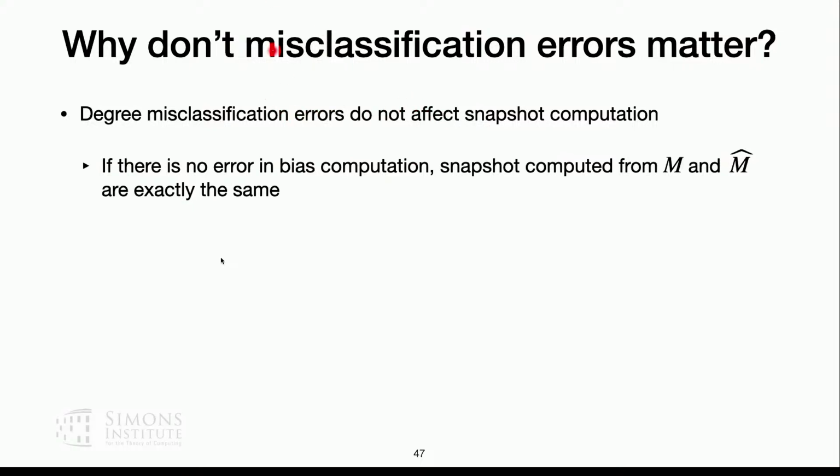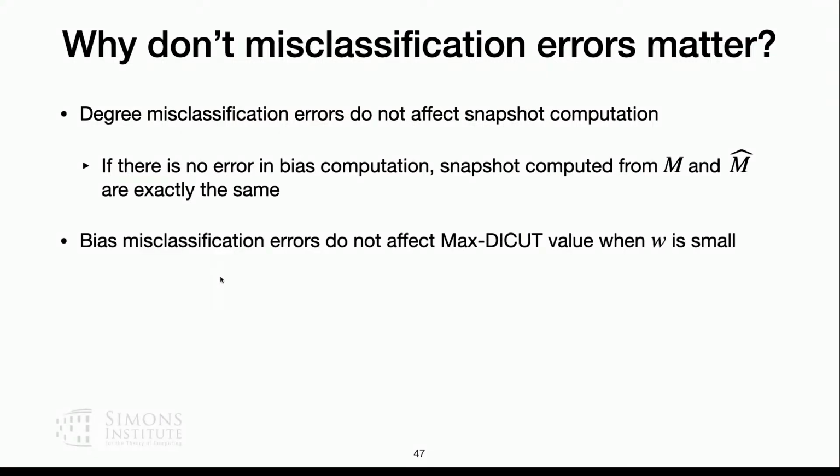Ultimately, you're going to look at your snapshot, sum over all the degrees anyway, and then compute the actual snapshot. So it doesn't matter if you misclassify the degrees. This is why we don't have to compute the refined snapshot itself. Just computing the smooth version is enough. Whether you sum over the smooth version or the refined version, degree misclassifications are not going to hurt you. You're going to get the same value.